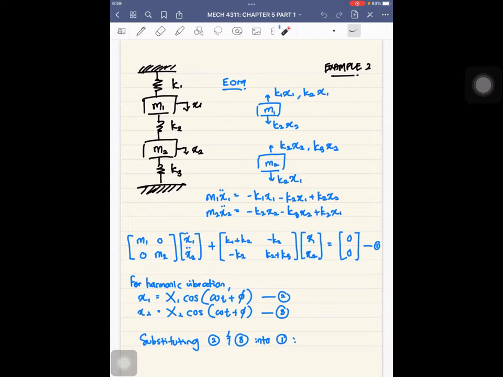Oh, and I forgot, in the harmonic vibration here we have phi, right? I'm not sure whether I have explained to you before or not, but since there is no particular initial condition for where the displacement should start, we consider the motion starts from 0, meaning the motion starts from rest.